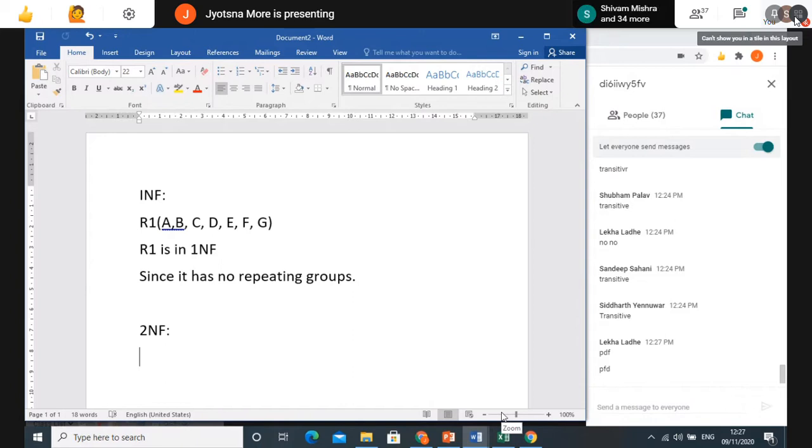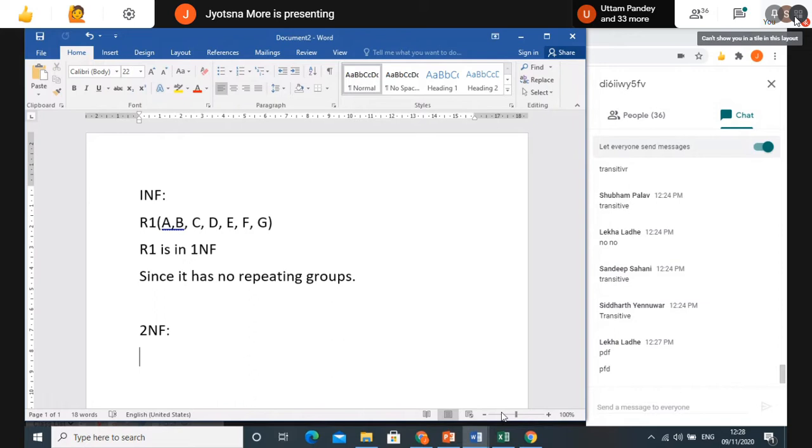Right? So write down: 2NF removes partial functional dependency among attributes of relations present in 1NF. Next line.